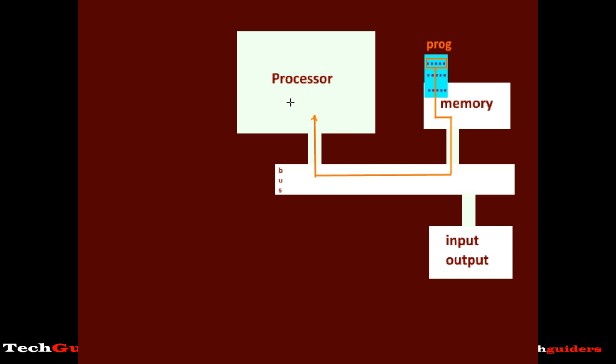If some data is required, then those data are also fetched from the memory to the processor, and finally the instruction is executed and the results are stored back to the memory. Again, the next instruction is fetched to the processor. Within the processor, that instruction is decoded, executed, and so on.